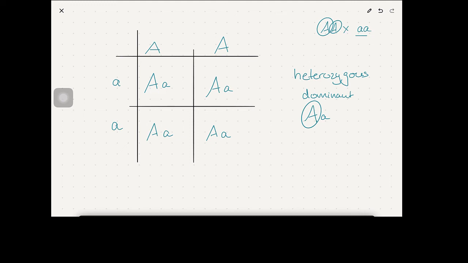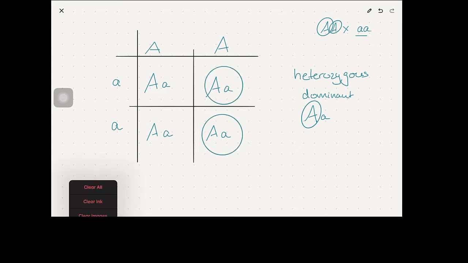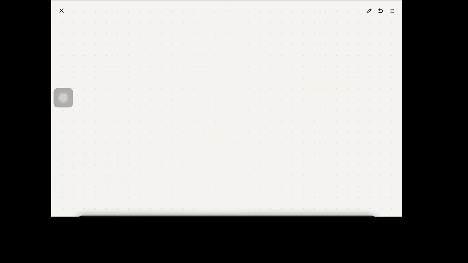In the next example, I'm going to do a self-cross of what we call here the F1 generation. I'm going to cross those two heterozygous organisms, and now we are looking at the F2 generation.